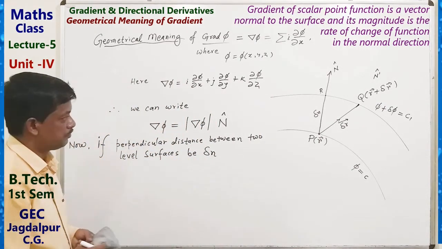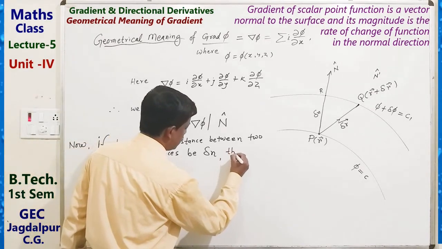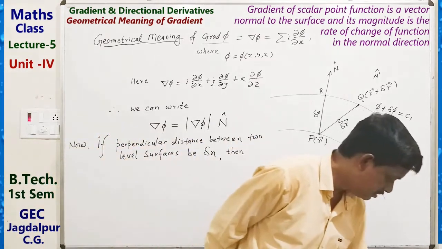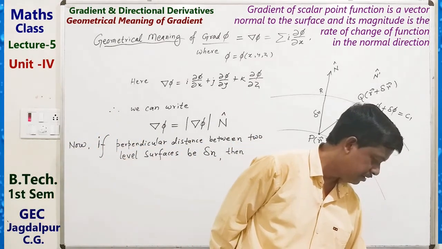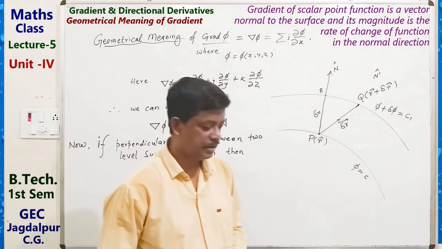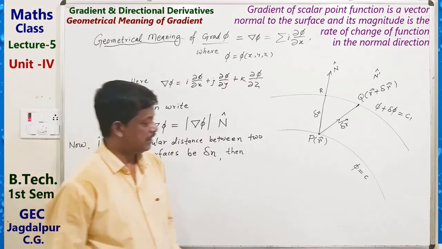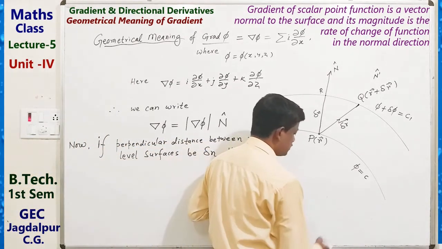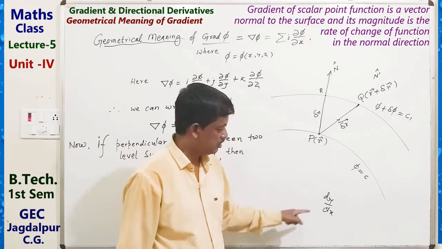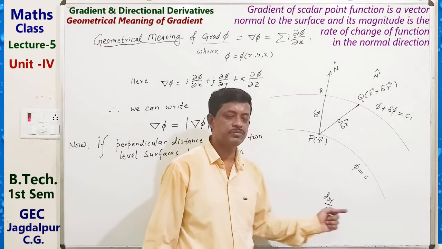Then the rate of change of phi: here, del by del x, dy by dx, means the rate of change of y with respect to x in the direction of x.